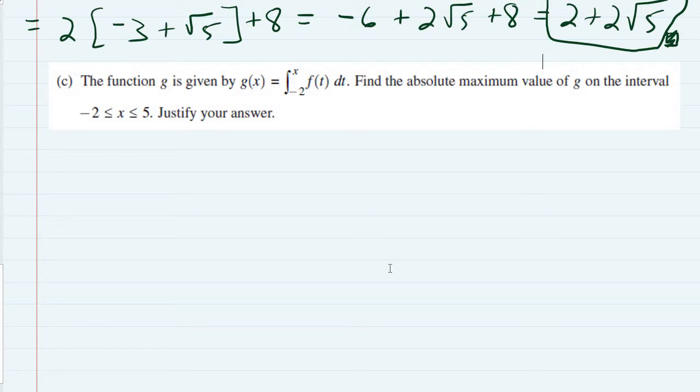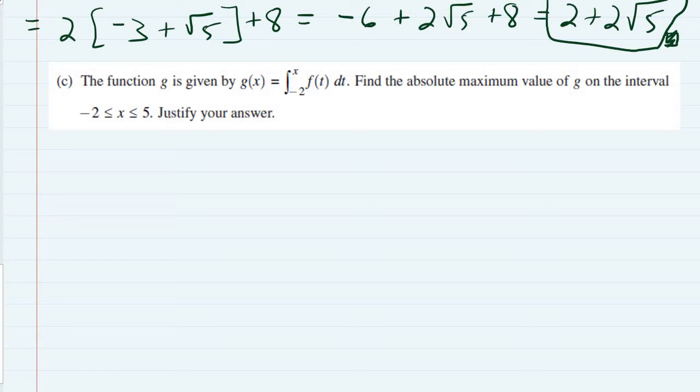It says the function g is given by g of x is equal to the integral from negative 2 to x of f of t dt. Find the absolute maximum value of g on the interval negative 2 to 5. Justify your answer. Okay, well, I need to find the absolute maximum of g.